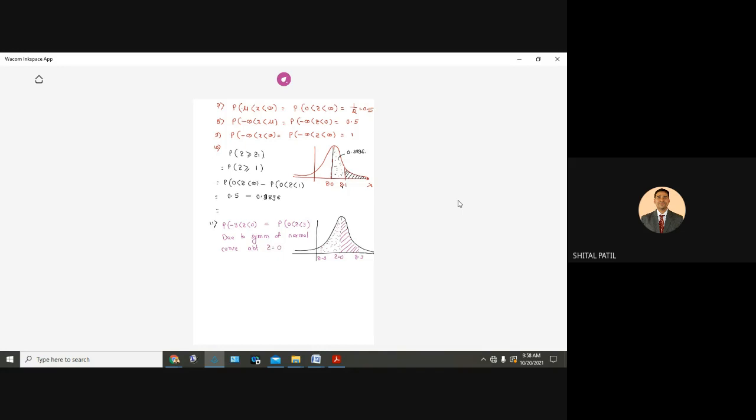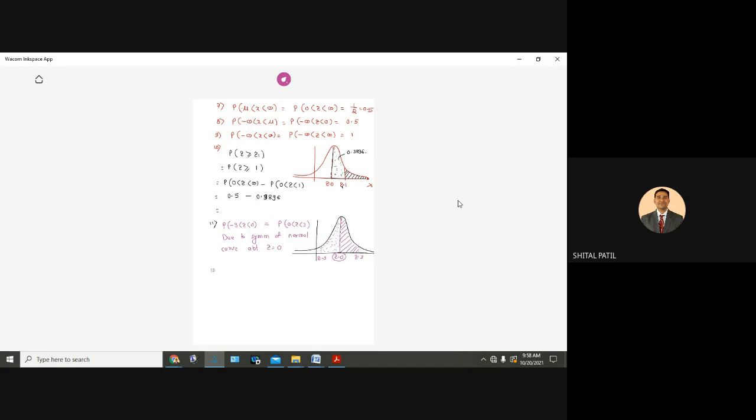Is everyone able to understand? This area is symmetric about the z equal to 0 line, so the area on both sides is the same, half and half. If we take the area up to a particular number, say 3, then the area from z equal to 0 to 3 is always equal to the area from -3 to 0. That is what we have written in statement number 11.